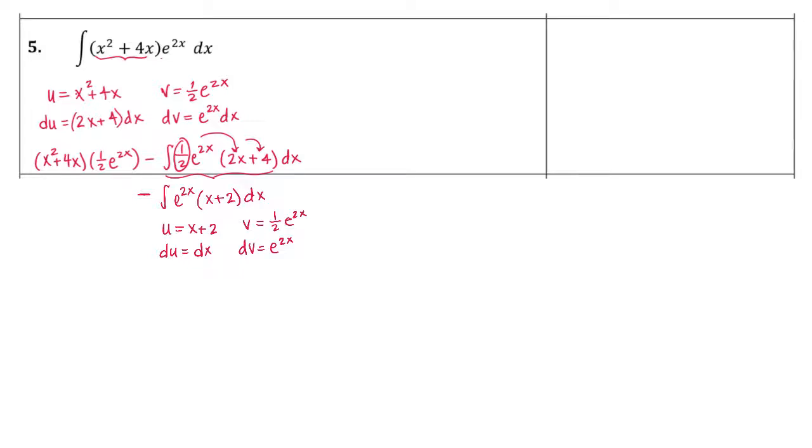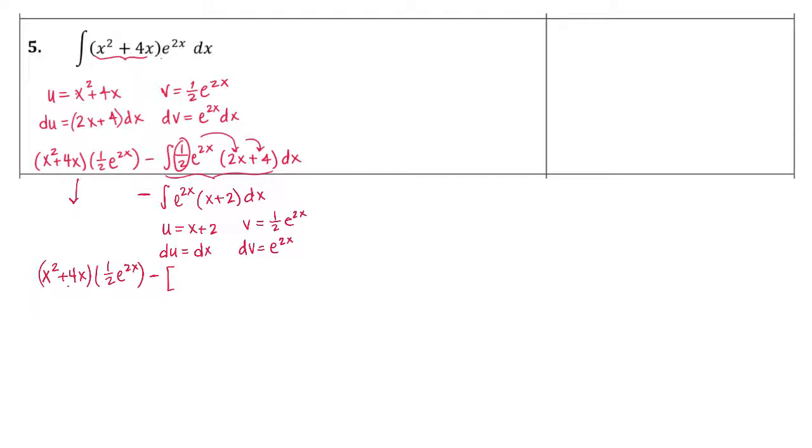And so I do need to bring all of this stuff down. So I have x squared plus 4x times 1/2 e to the 2x, and then minus, and then we're going to have this whole process again.